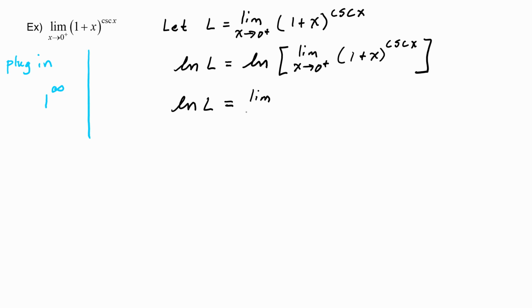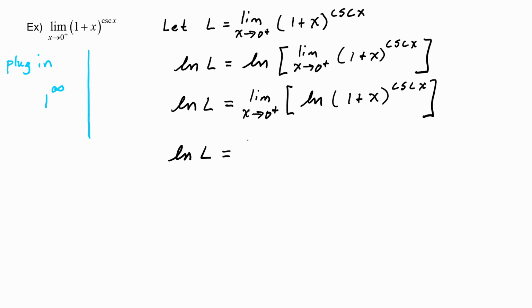So we have limit as x goes to 0 from the right of the natural log of 1 plus x to the power of cosecant x. We continue to bring down the left-hand side, natural log of L. On the right-hand side, we have limit as x goes to 0 from the right.